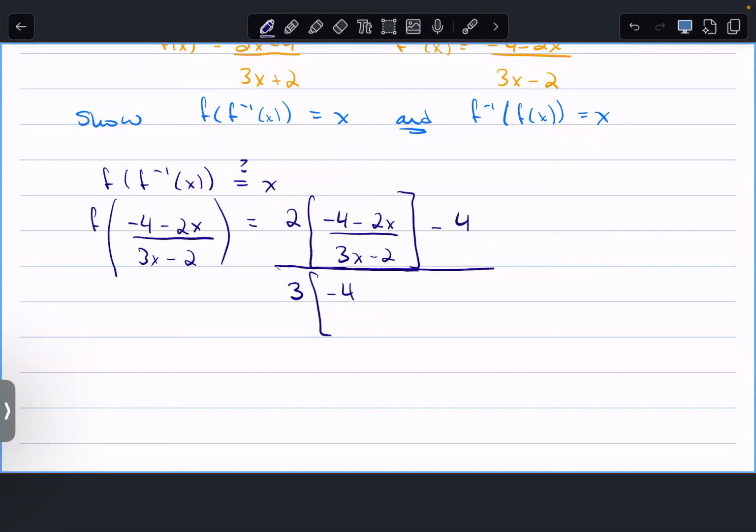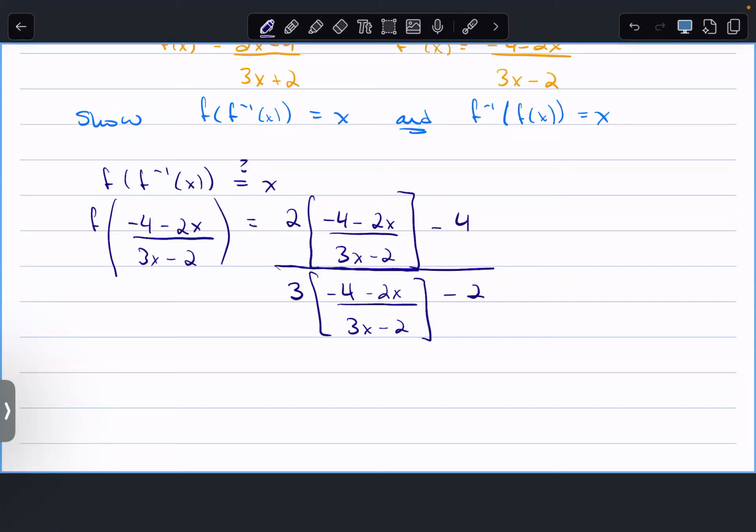X is going to be replaced by -4 minus 2x over 3x minus 2, minus 2. We need to simplify this until we get to just x, right? Maybe you see it, maybe you don't. I don't expect you to. But what's your first step going to be?